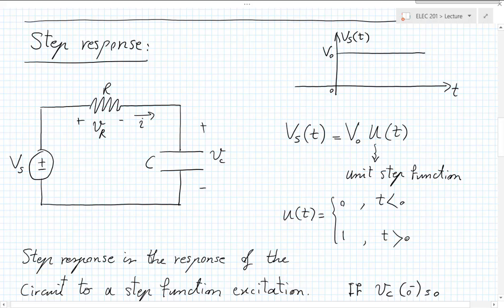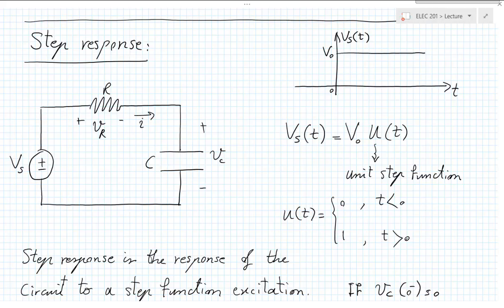So if you look at the circuit, you'll see that when we impose V naught here, as we just discussed, there would be a current flowing in this direction from left to right, which charges the capacitor. And that's why your VC starts growing. After time capital T, all of a sudden you set this equal to 0.